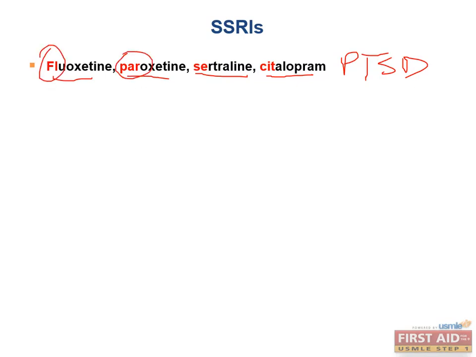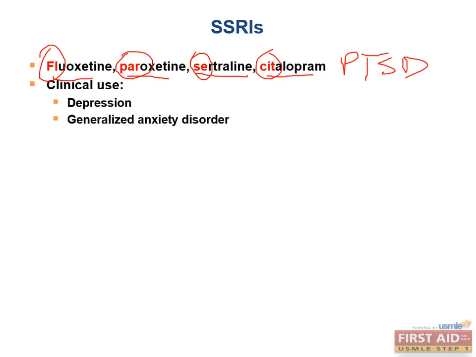So those are your SSRIs. Their clinical use involves depression, generalized anxiety disorder, panic disorder, OCD, bulimia, social phobias, and as we said, PTSD.